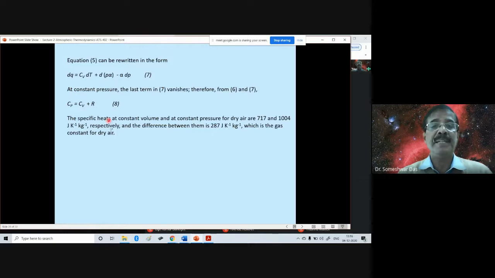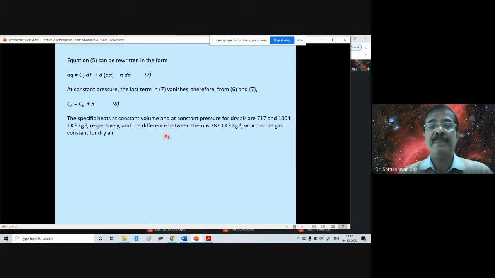The specific heats at constant volume and at constant pressure for dry air are 717 and 1004 joules per Kelvin per kilogram, respectively. This is the specific heat at constant volume, and this is the specific heat at constant pressure.